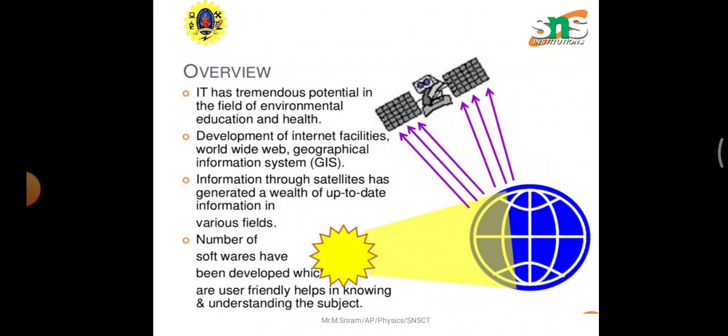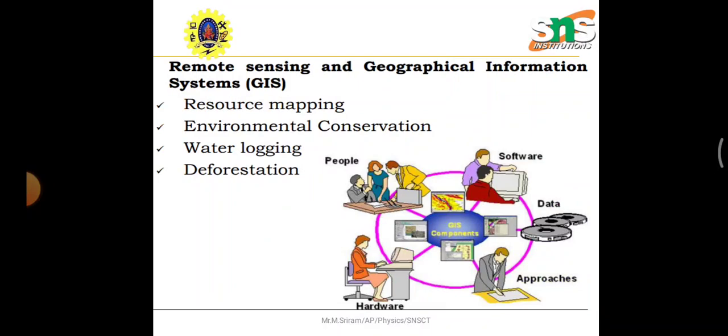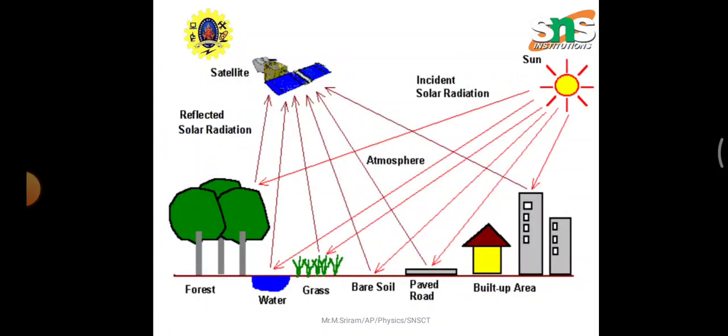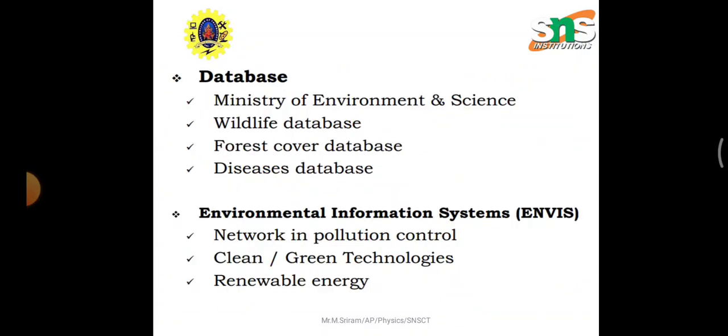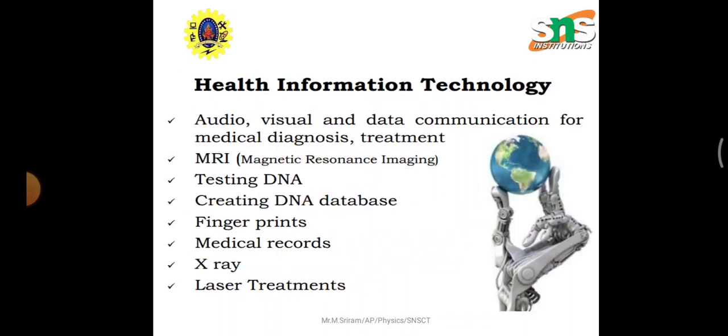With the development of internet facilities in various fields, a number of software have been developed which are user-friendly and help in knowing and understanding the subject. Remote sensing and GIS, as already discussed, are used for resource mapping, environmental observations, waterlogging, and deforestation. There is also the satellite, and the databases: Ministry of Environment and Wildlife database, forest cover database, and diseases database.